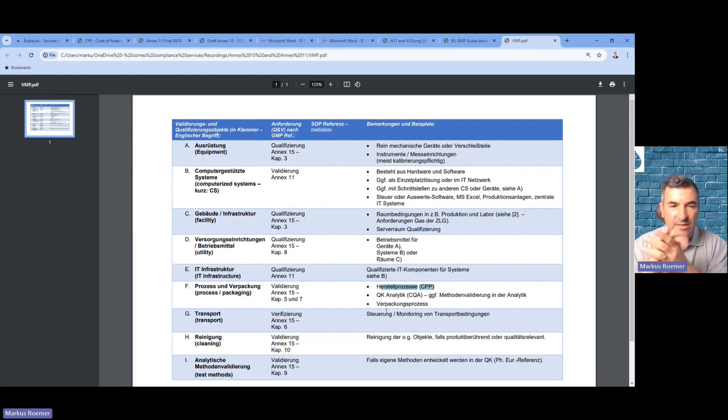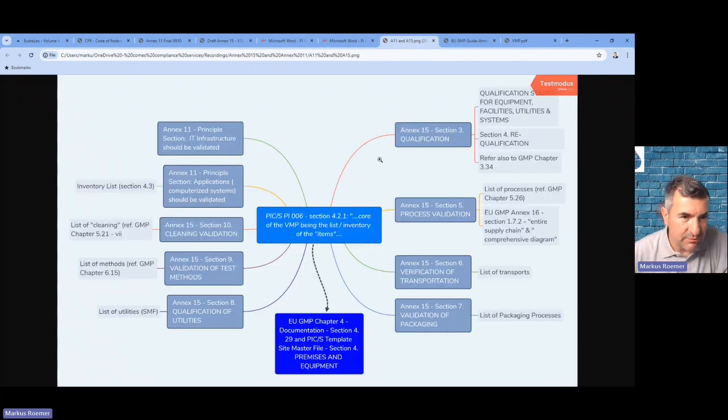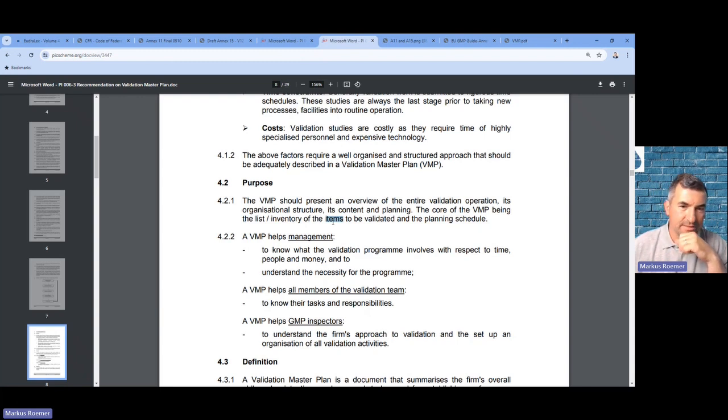Most of the validation master plans are not written in such detail based on the regulatory requirements to have this big picture of Annex 15 and Annex 11. You have seen, I didn't do too much magic, just Annex 15 different sections, process validation and validation of packaging, qualification of utilities, and then you define these kind of items, and you define what must be qualified and validated.